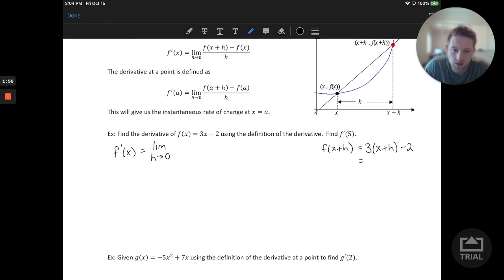So we'll do some distribution to find our f of x plus h. And again, that's the first item that we're going to place in our limit with the definition. We can see that definition up top right here, and so we're filling in the f of x plus h in the numerator.